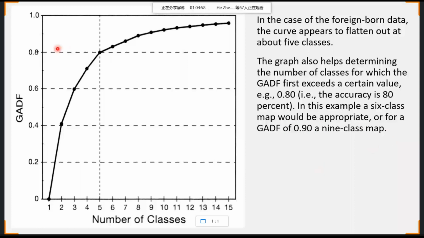So if you want to have more than 80%, here is 80%, then we would have a 6-class map. Or if you want to reach 90%, then we would need a 9-class map. That's, I think, that one. So here is 90, should be that one.